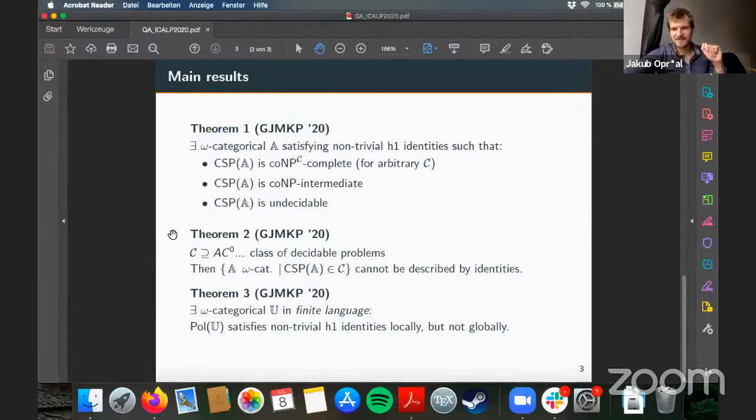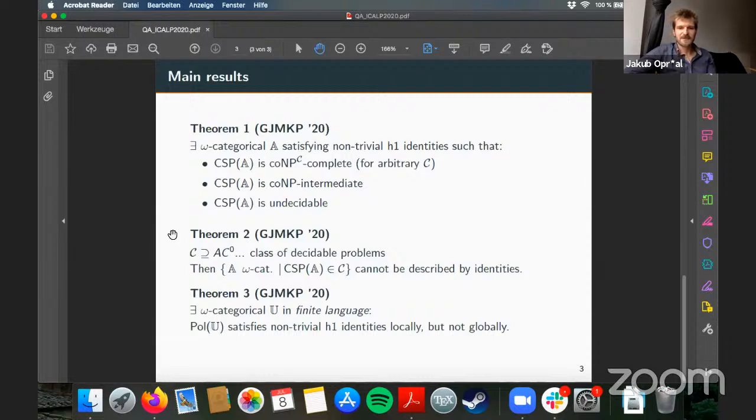Can I have a question? My question is probably more to the other Michal, because you partially answered it. In the video, Michal, somewhere in the middle, mentioned, and you mentioned it again, that polymorphisms of ω-categorical structures encode the complexity of its CSP, right?